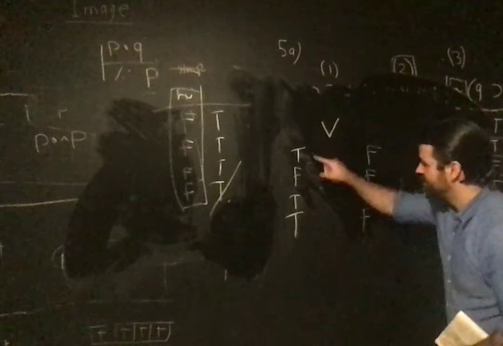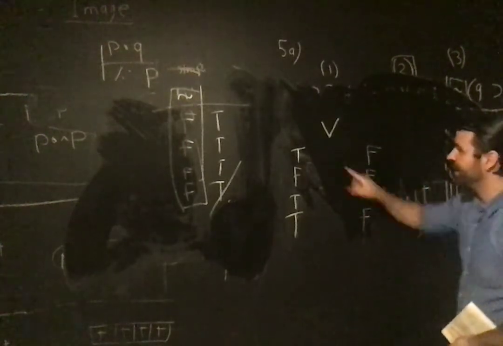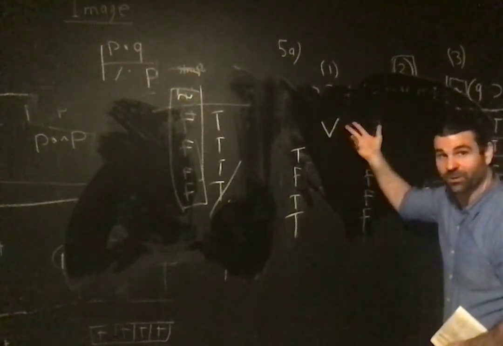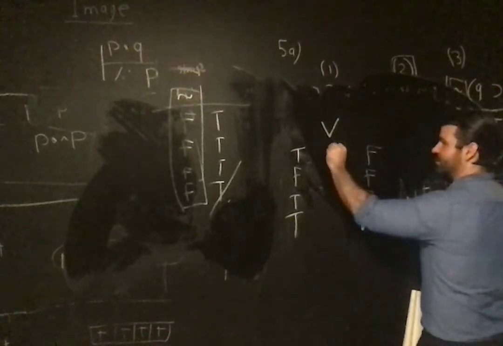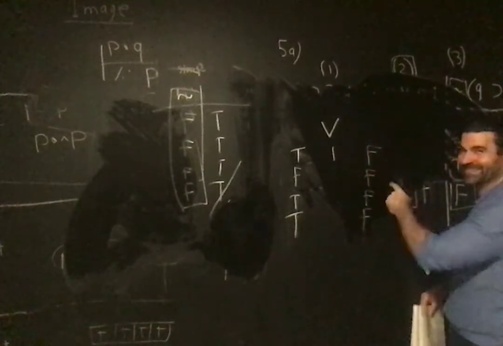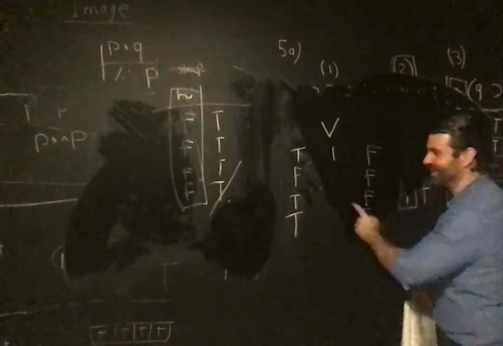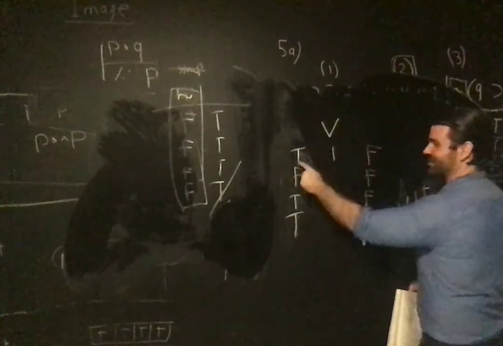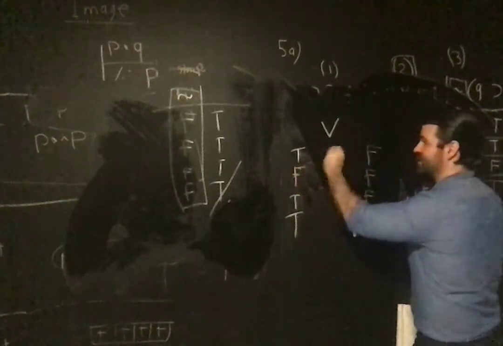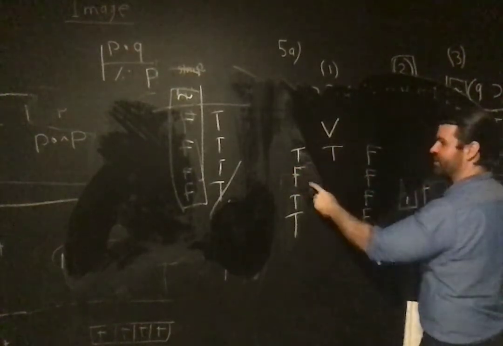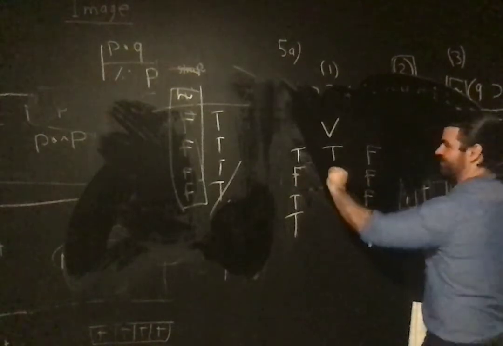Just think the truth table image for it, and you can compute, as it were, what the wedge will be, the disjunction. This one's all F. This one's got T's and F's. So whenever this one's T, it's going to be T, because it's a disjunction. Whenever this is F, it's going to be F, right?